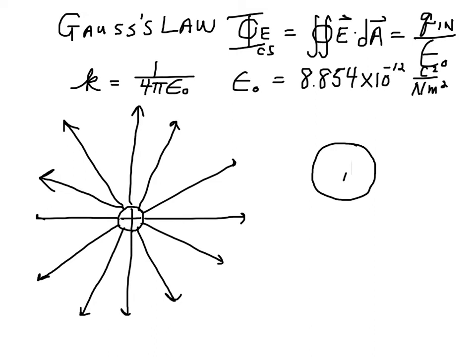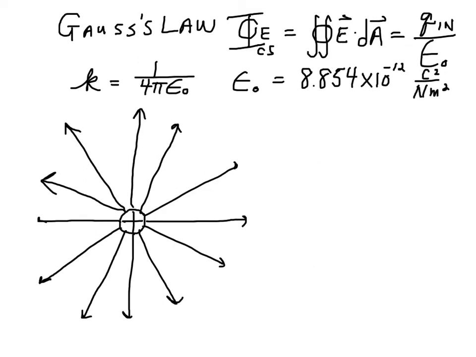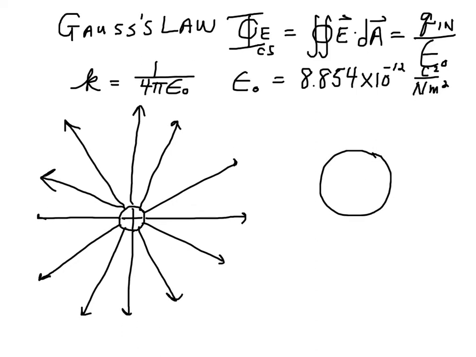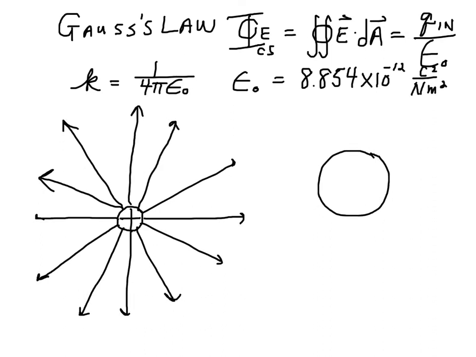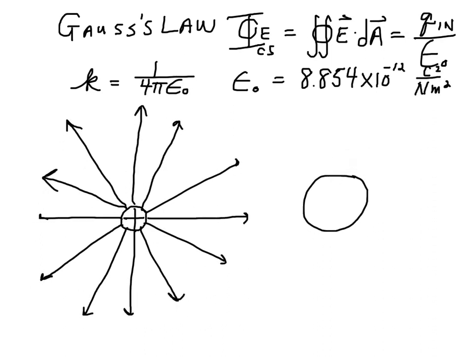Now let me see if I can move this. No, whoops, screwed up again. Hold on. Try again. It still doesn't work. Okay, finally I got it to work. I have this sphere now that I can move around.